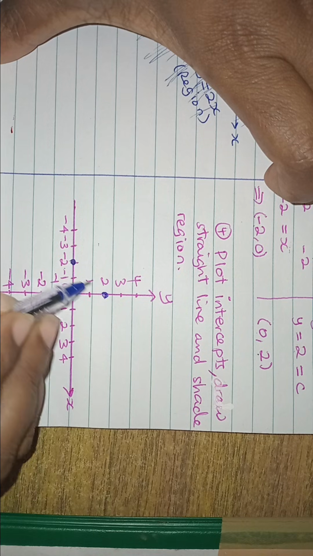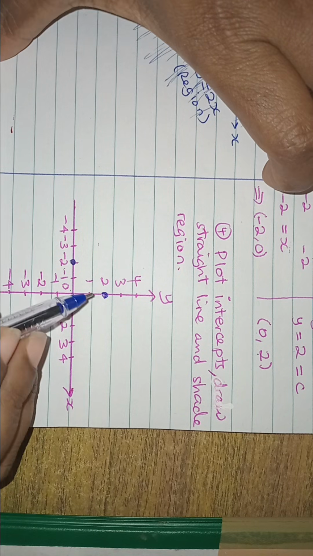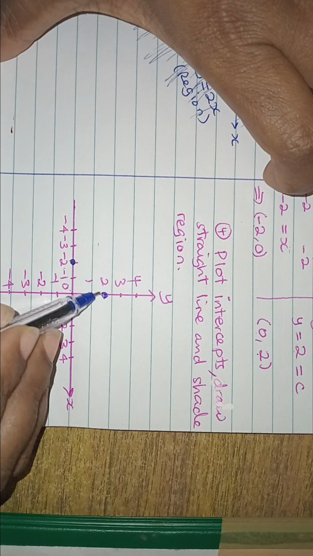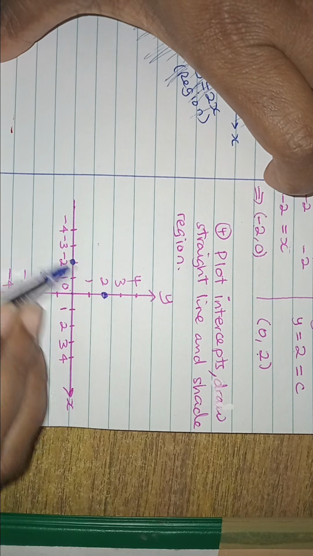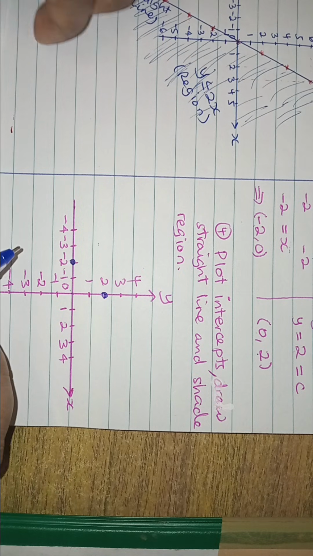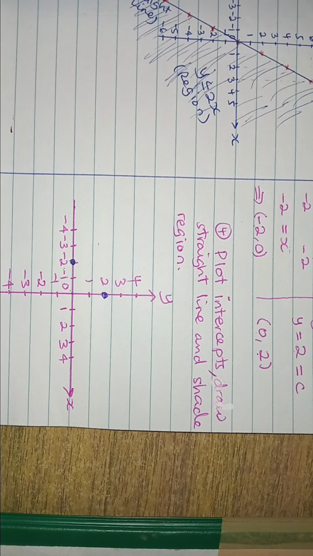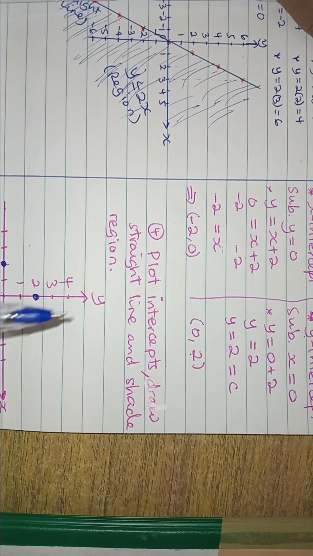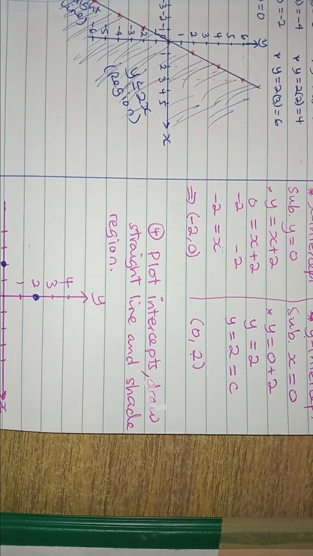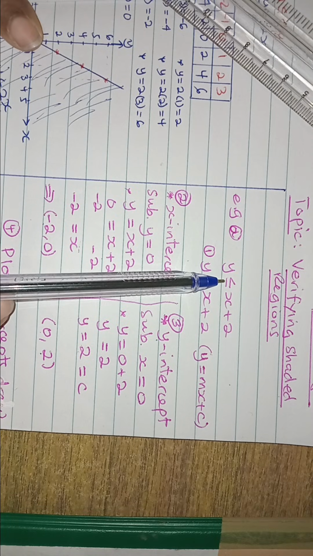See, these 2 points already give you a clue to how your line will look. It will be a positive line. So let's draw our line, but before that we have to decide whether our line will be dotted or bold. We look at our inequality sign up there.